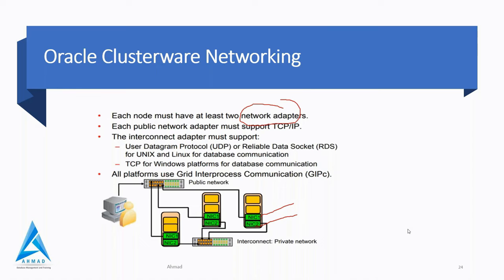One is GNS and another one is, tell me, two options for network. Yes, absolutely correct, DNS. So one is DNS and one is GNS. Clear?